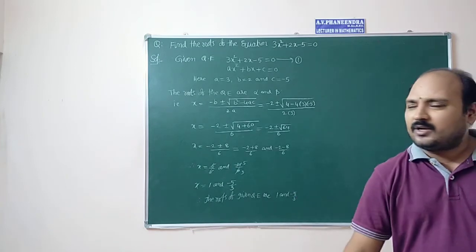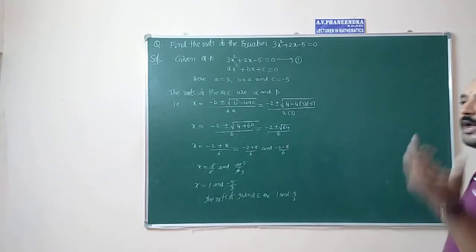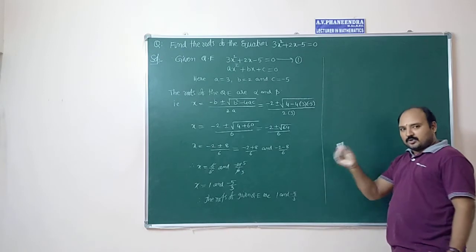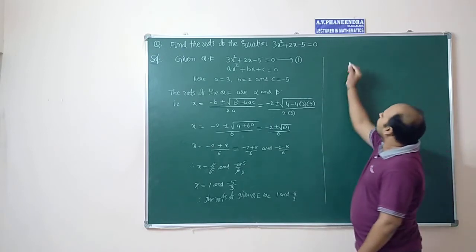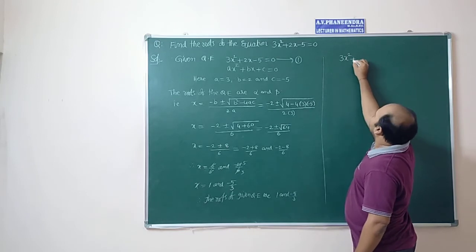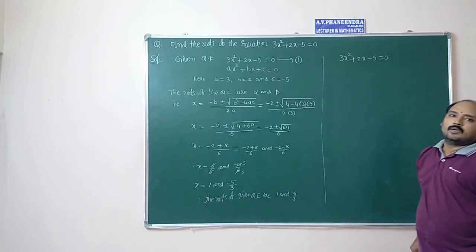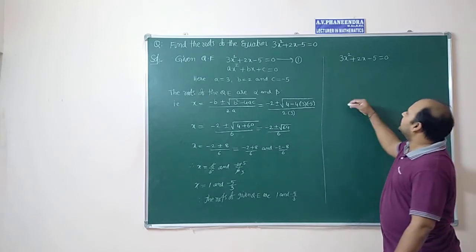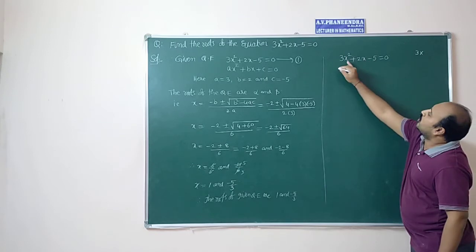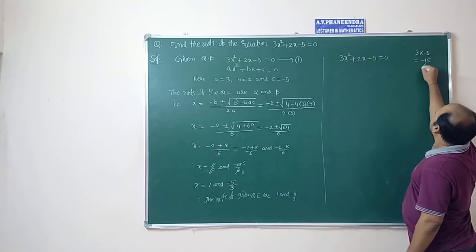This question we can do not only by using the roots formula, but by using factorization also. Given quadratic equation 3x square plus 2x minus 5 equal to 0. In the factorization method, first take the coefficient of x square into the constant, which is equal to minus 15.